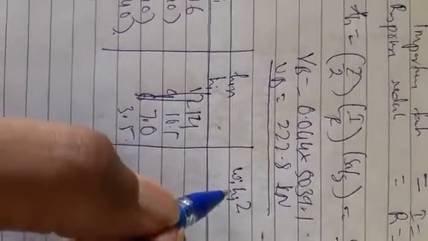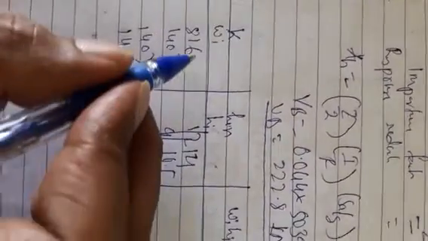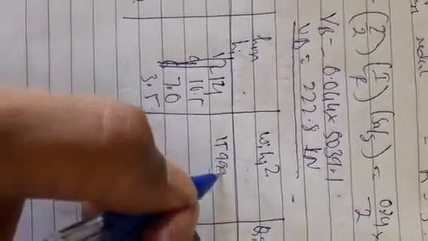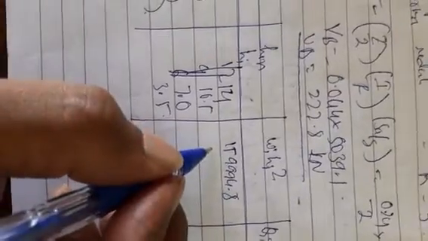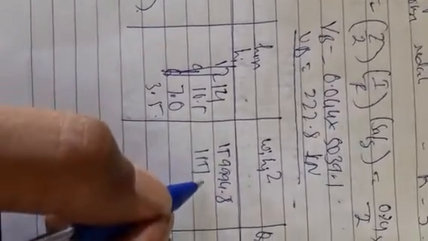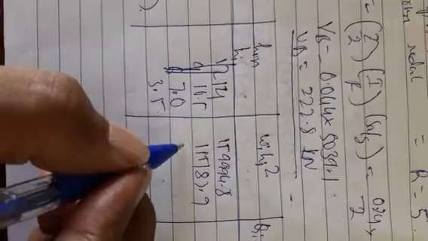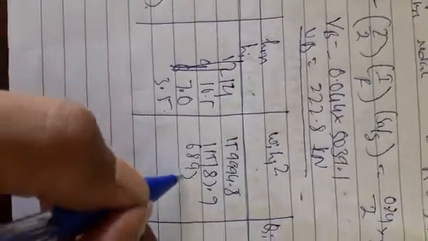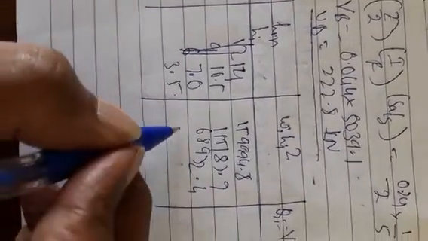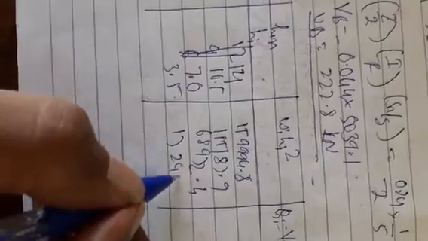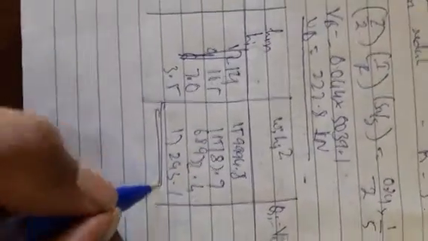Now Wi into hi, Wi into hi square. For each of these terms I get 15999.4.8, 1551, 87.9, 689, 72.4, 17243.1.